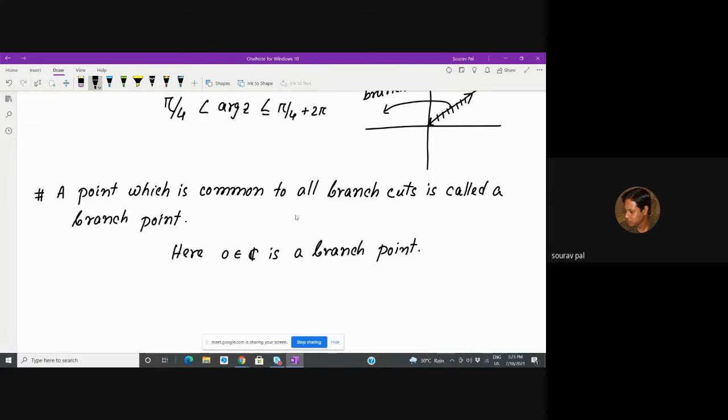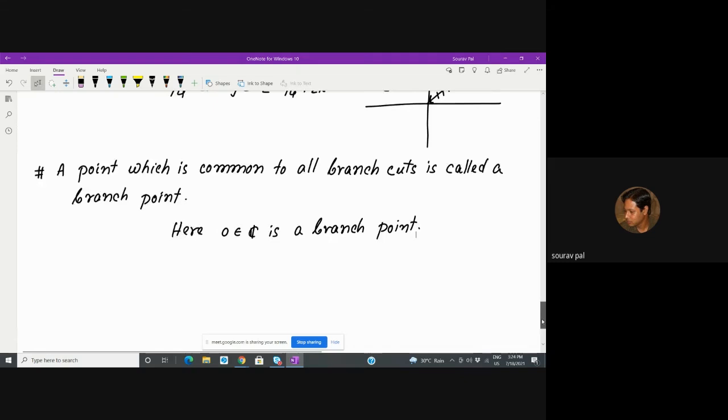So is the idea clear? So what is a branch cut? A branch cut is that portion of a line that you are removing to have a branch of logarithm. Okay, as simple as that. And what is a branch point? That is common to all branch cuts, in a region.